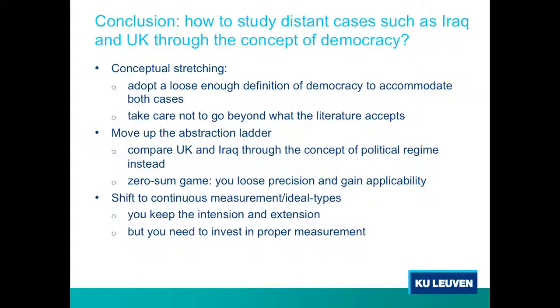So to conclude this short video, how can we study distant cases such as Iraq and UK through the concept of democracy? You have three options. The first one is conceptual stretching. It consists of adopting a loose enough definition of democracy so that both cases can comply with the definitional attributes.